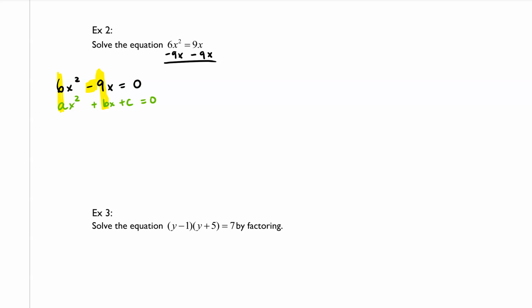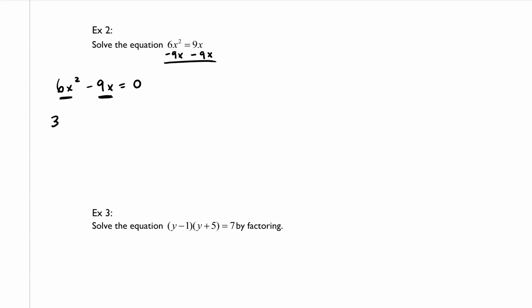Now, what that means is that we don't have to use the X-box method like last time. Because there's only two terms, we can just figure out what those have in common. What's the largest thing that we can divide both of those terms by? The greatest common divisor of 6 and 9 is 3.